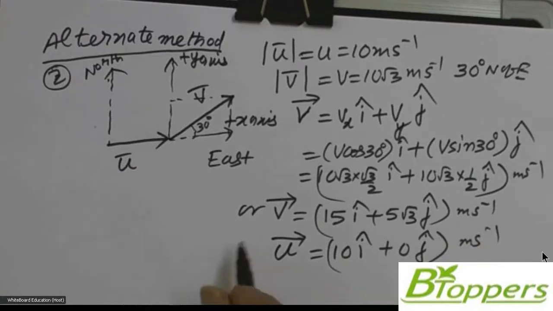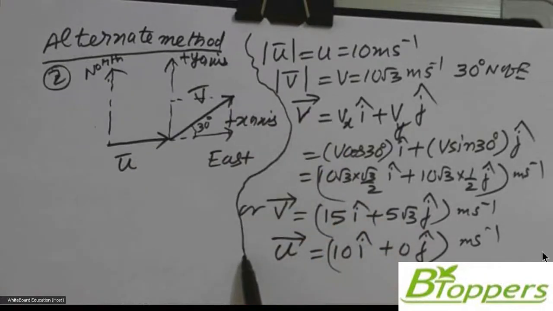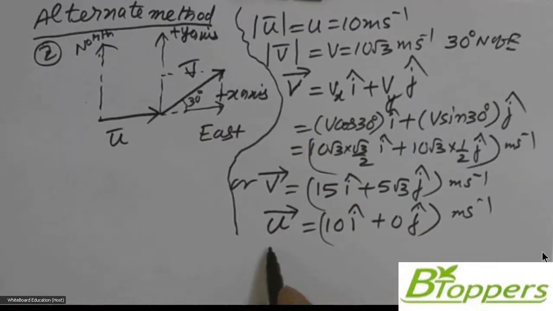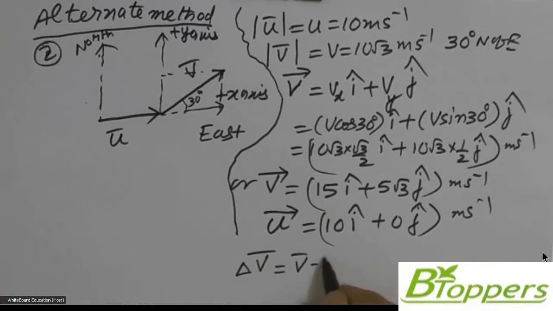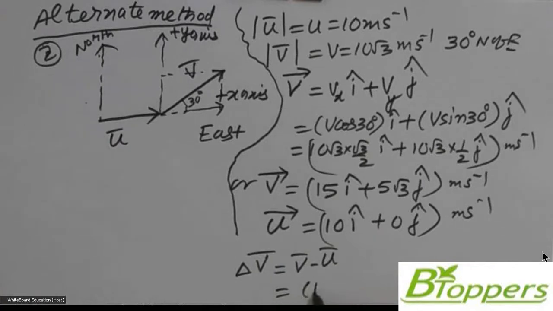So change in the velocity vector of the particle, denoted by delta v bar, can be written as v bar minus u bar. You can take the difference here. First you can take the difference of x components. That will be 15 minus 10 i cap.